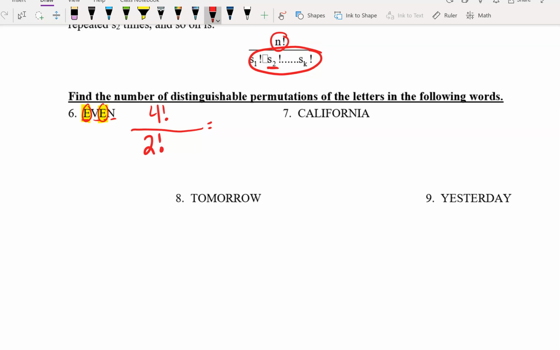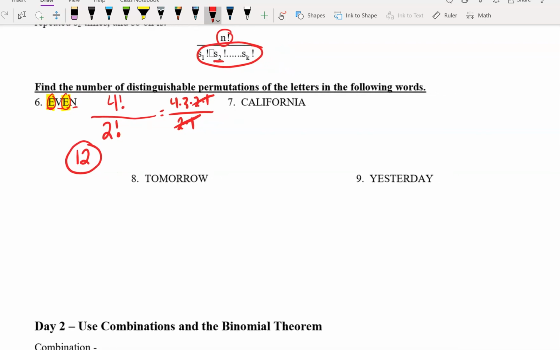So 4 factorial is 4 times 3 times 2 times 1 over 2 factorial, which is 2 times 1. The 2's cancel, so we just get 4 times 3, which is 12. So there are 12 different ways that we could arrange the letters in the word even.